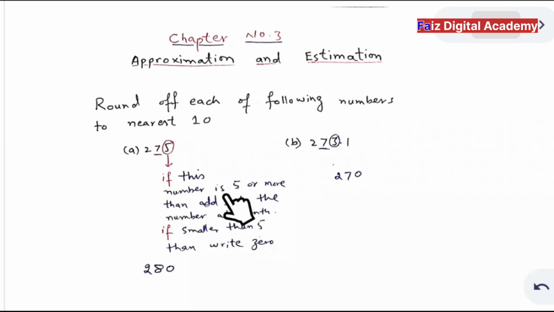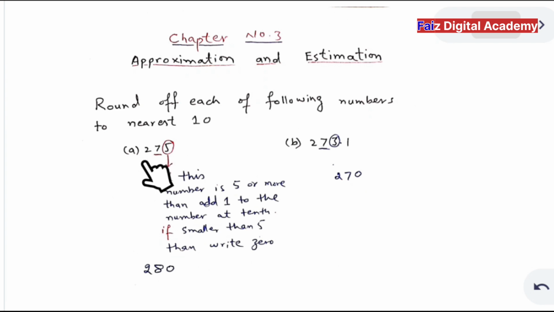If this number is 5 or more, like 5, 6, 7, 8, 9, then we add 1 to the number at the 10th place, so 7 becomes 8. And if this is less than 5, then we will not add anything to the number at the 10th position, and we will only write 0 in place of the unit digit.